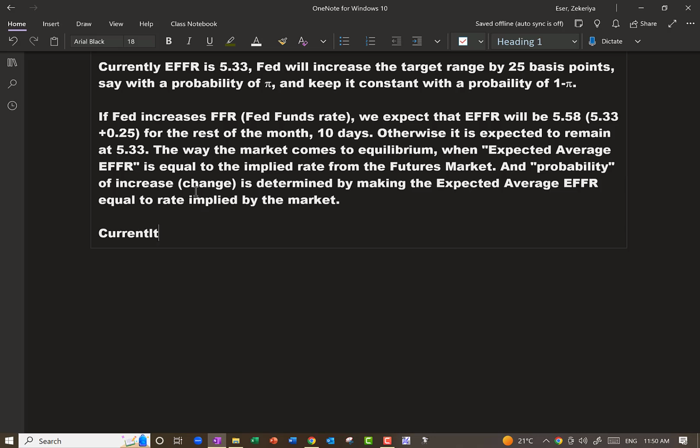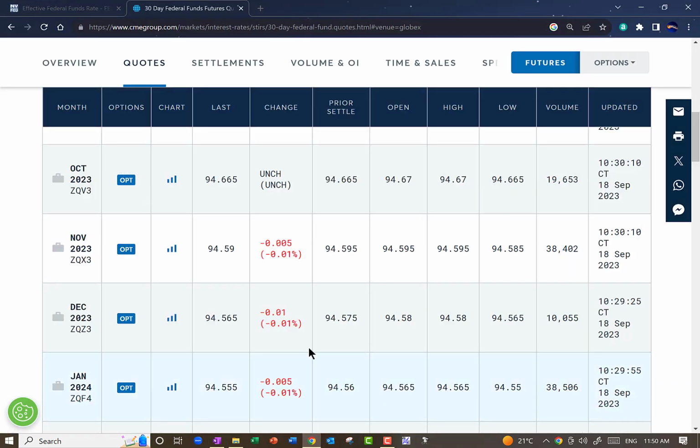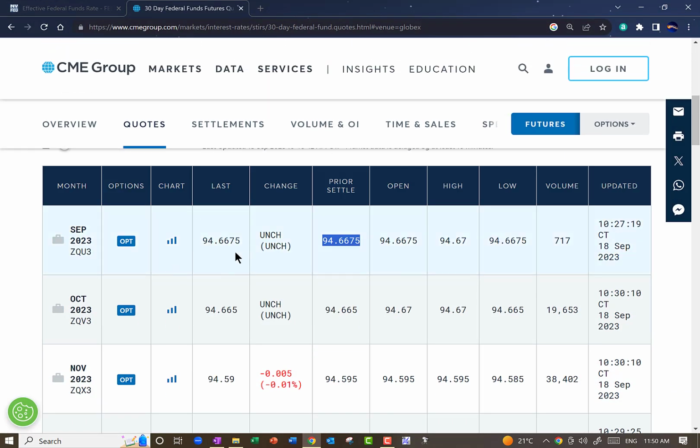Currently, for the September contract, the price is equal to, let's see, because the action is going to be taken in September.